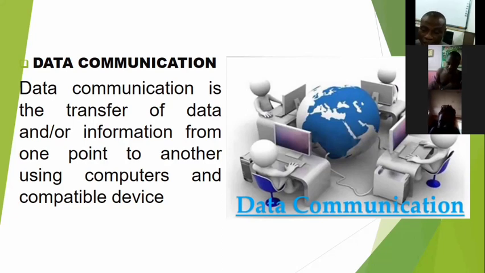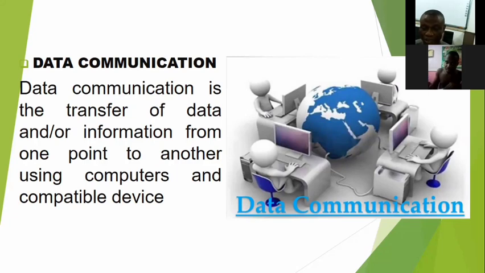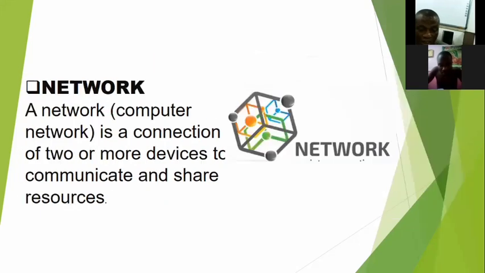Now, even in telecommunication using your phones, in the mobile phone exchange office, telecom office, there are computers that coordinate the transmission of the calls, the SMS messages you send, the WhatsApp messages, your Facebook chatting, and so on. So computers are the key things that are required in data communication. Then other compatible devices, as I've mentioned.